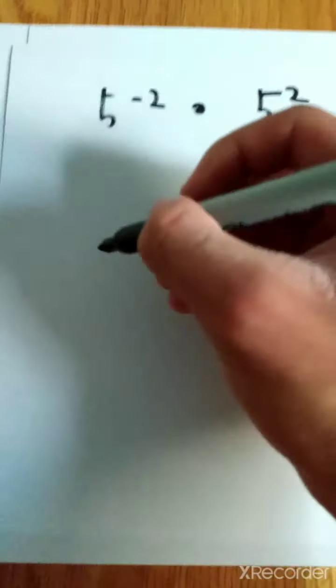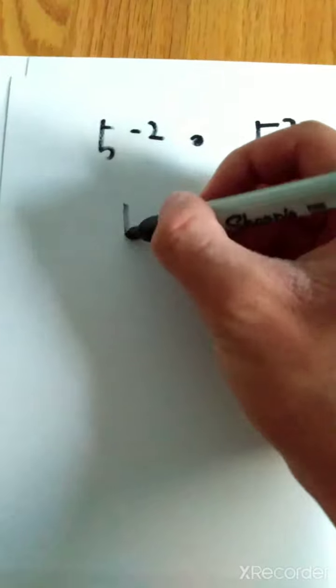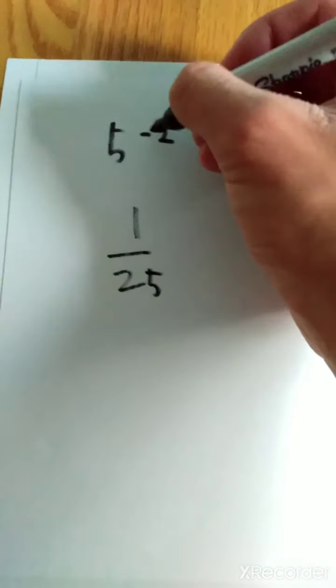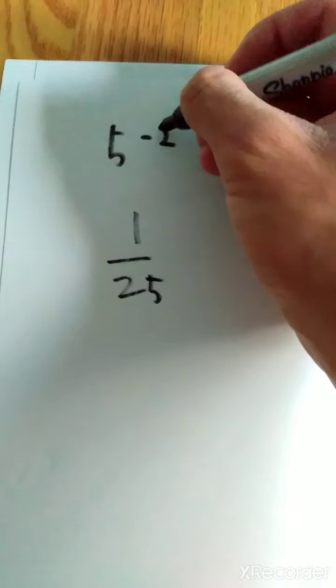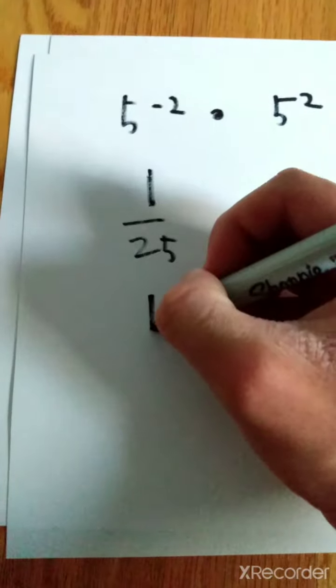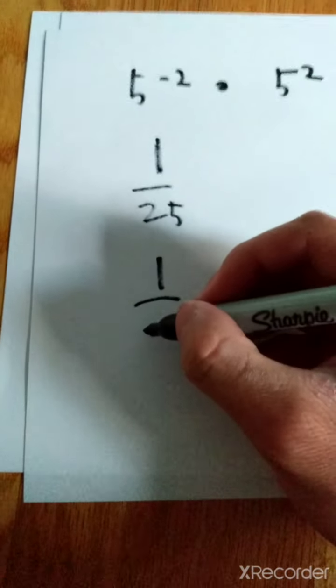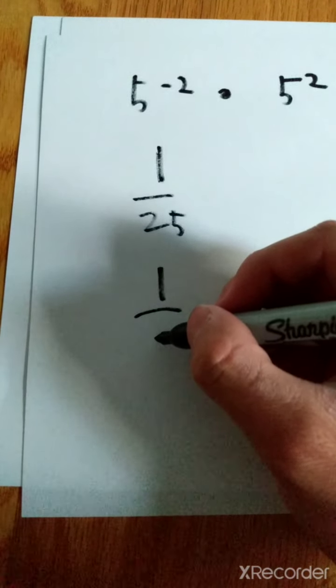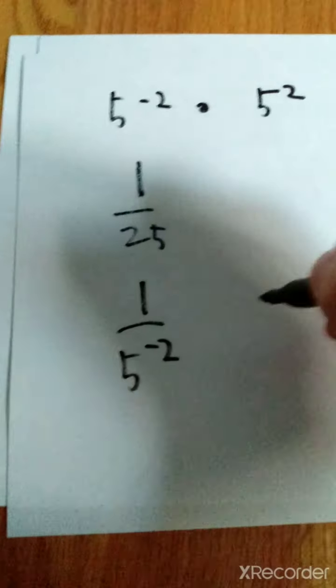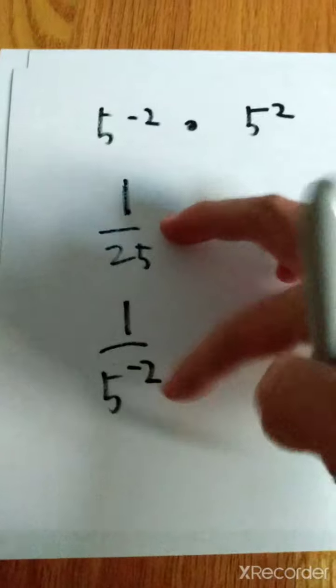If we do 5 to the power of negative 2, we get a fraction, 1 over 25, because 5 times 5 is 25, but since there's a negative exponent, we get 1 over 25. Or we can write the fraction another way as 1 over 5 to the power of 2. Those are two ways that we can write it.